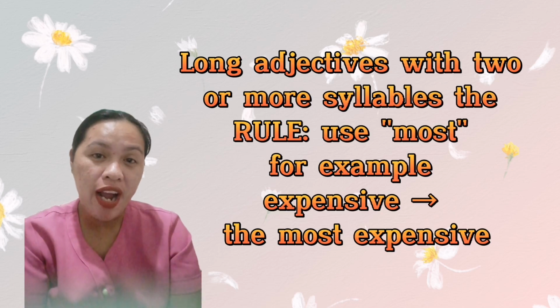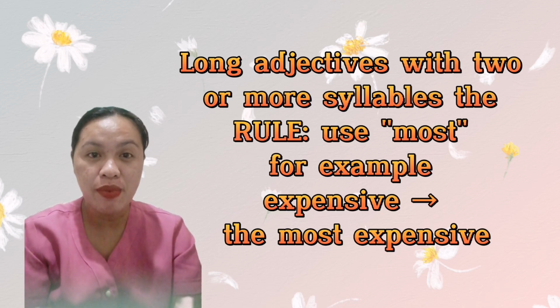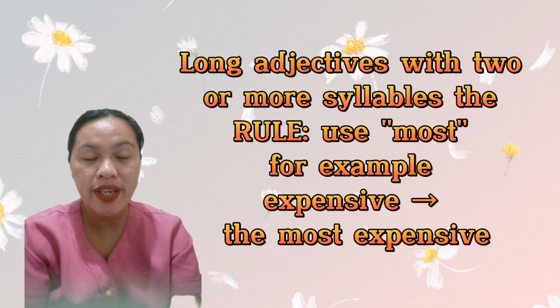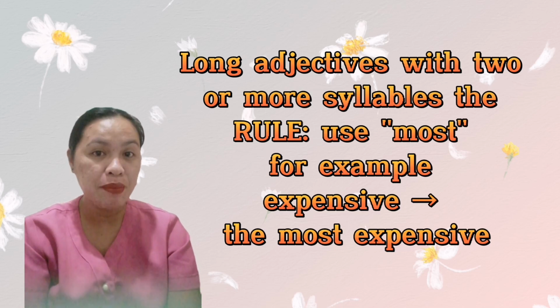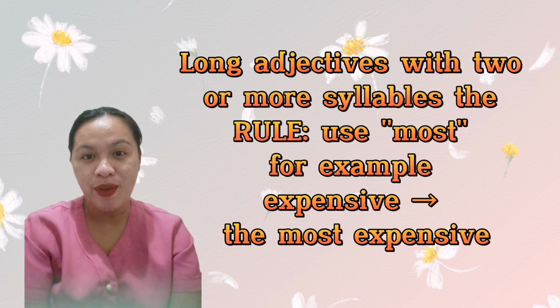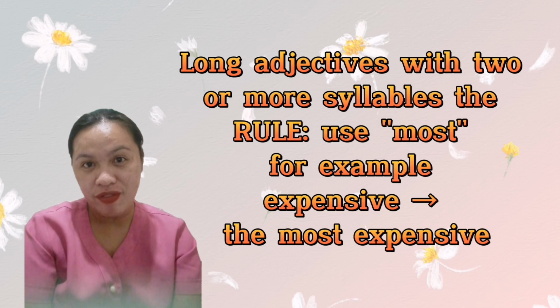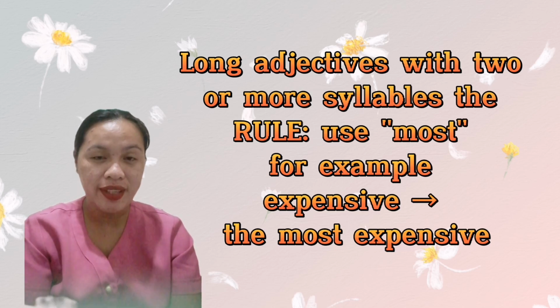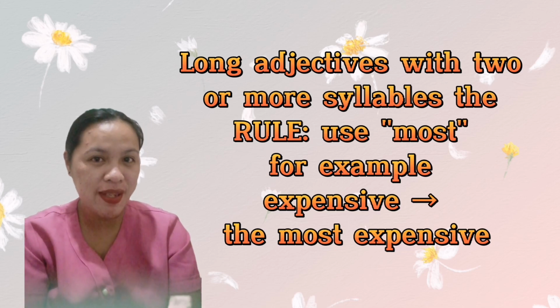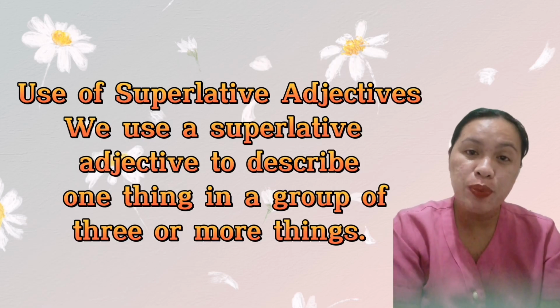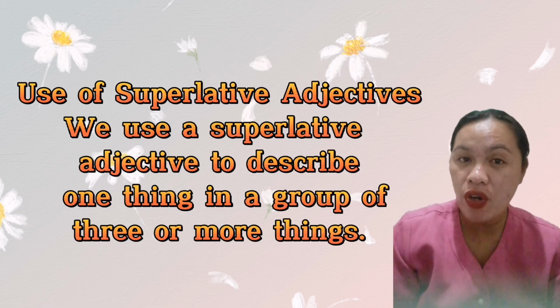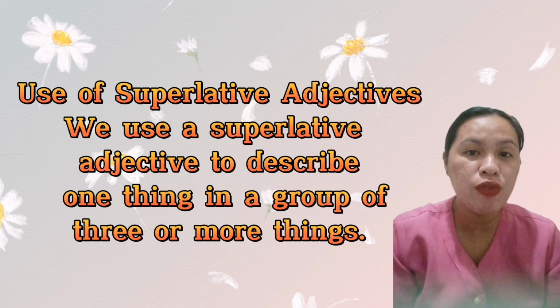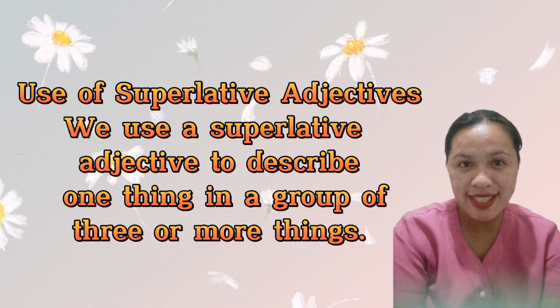Now, for long adjectives with 2 or more syllables, the rule is we use the word most. For example, the word expensive. Now, we can add most and it becomes the most expensive. We use a superlative adjective to describe one thing in a group of 3 or more things.